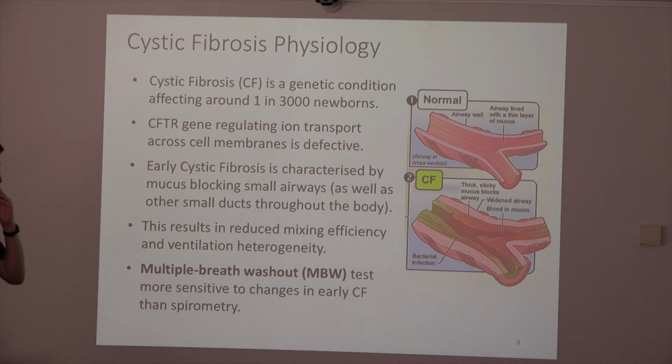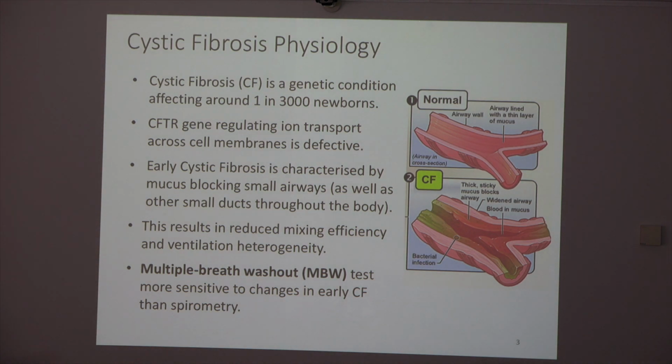But from a lung perspective, the first effect you see is an increase in ventilation heterogeneity. Where the airways are filled with mucus and there are constrictions, less gas reaches those parts of the lung. These people will have normal spirometry, especially young children.